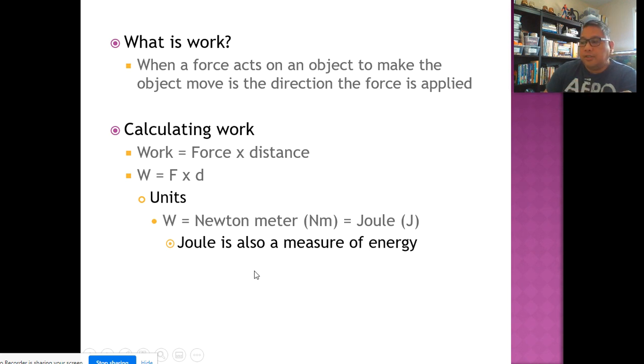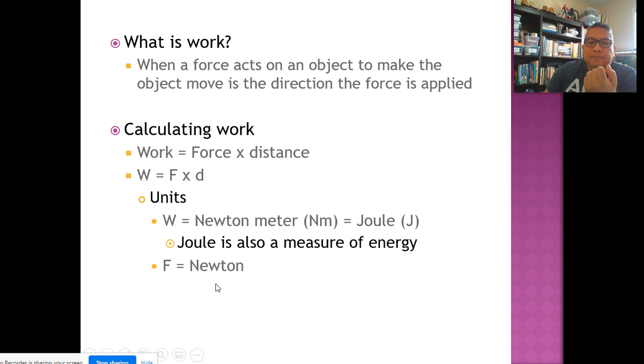Joule is also a measure of energy. For example, if you look at the packaging of food and see the nutrition facts at the back, you might see 10 joules. What does that mean? It means that when you eat whatever is inside, it will give you 10 joules of energy. I hope that makes sense.